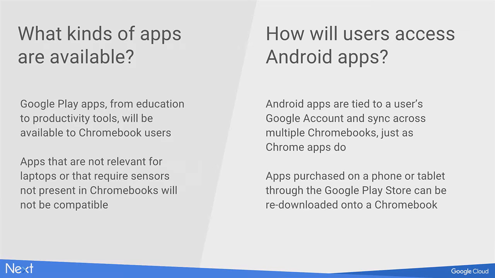So the Android applications are also tied to a user account, which means that if I go from this Chromebook to this Chromebook, it will download my Android applications and I'll be able to use them. And for those who have purchased Android applications on another device, the same purchased application is going to work on your Chrome devices.